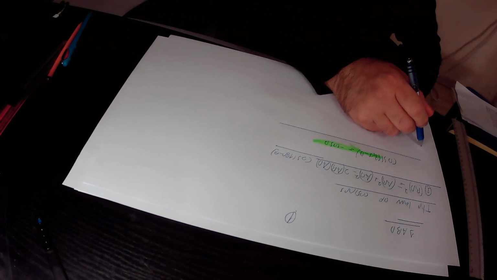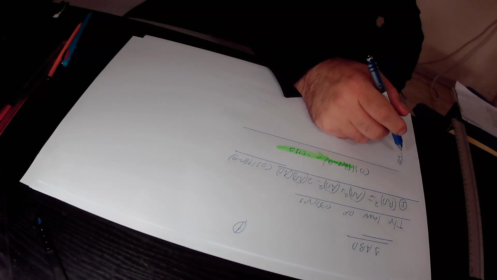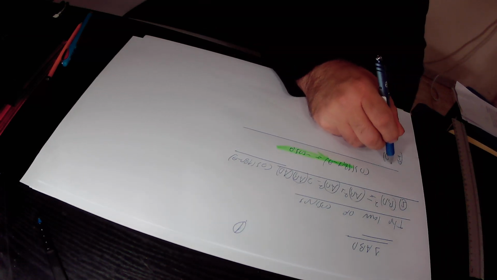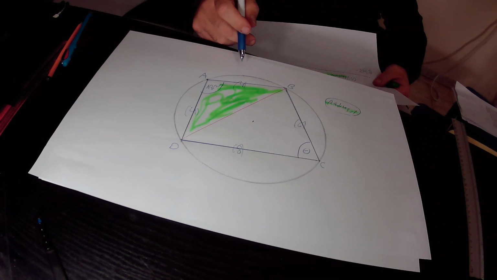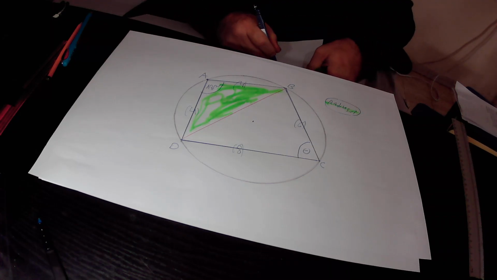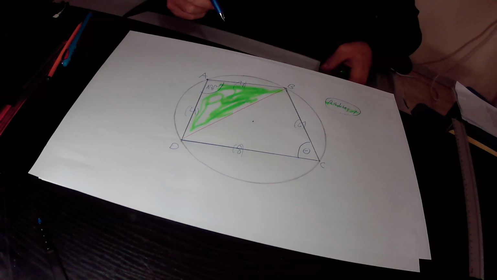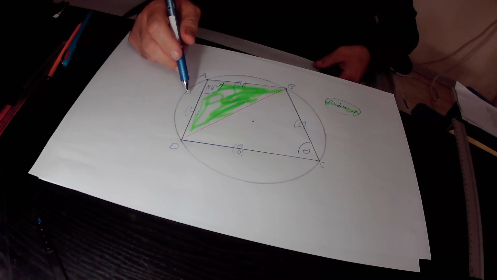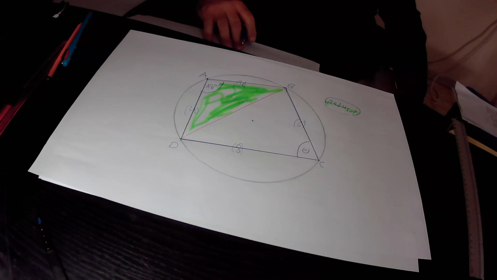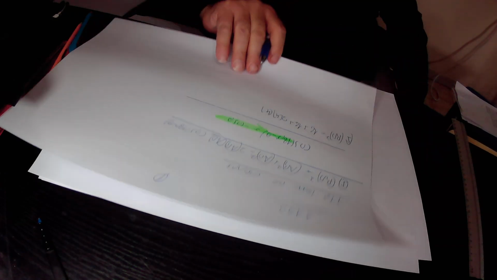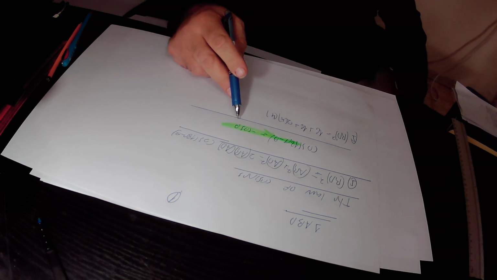And you get that BD squared equals AB squared. AB is 4, therefore AB squared is 16. Plus AD squared. AD is also 4, therefore AD squared is 16. Minus 2 times AB, that is 4, times AD, that is also 4, times cosine of 180 degrees minus theta, which equals minus cosine theta.